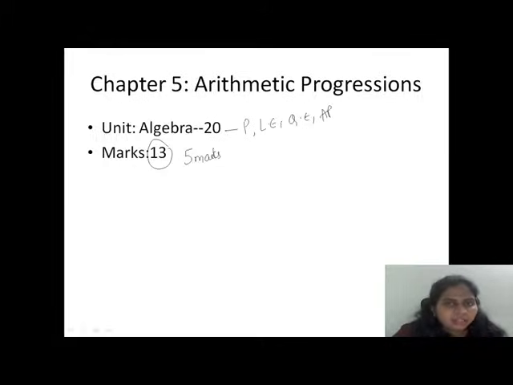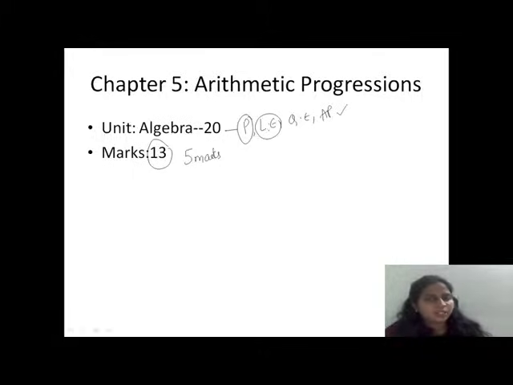Sometimes they might reduce the weightage of linear equations and they might increase the weightage of AP. In such cases, please note this point, I'm not telling they will ask exactly 13 marks. If they reduce the weightage of polynomials and linear equations, they might increase the weightage of other chapters. Okay, so if at all they give priority to AP, then you might get a minimum of 13 marks. Okay, if not, for sure you will get a 5 marks question or a 4 mark question from this chapter.